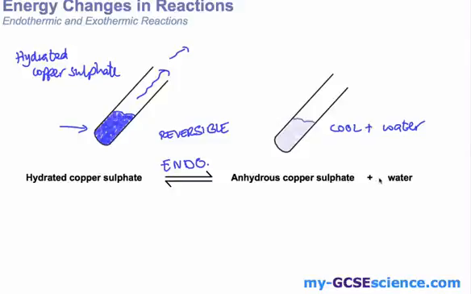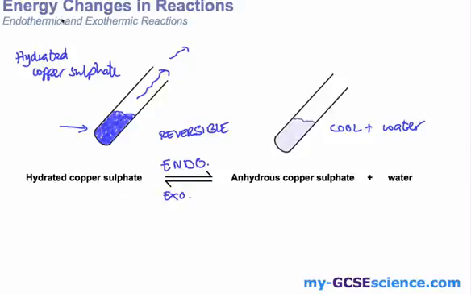The anhydrous copper sulfate reacts with the water and produces hydrated copper sulfate. Now this is an exothermic reaction, and that means that it will give off heat to the surroundings. In actual fact, if you were to put a thermometer in there, or if you were actually to hold it, you would feel that it would get very warm because it was giving out energy to the surroundings. So this is an example of an endothermic and exothermic reaction happening in a reversible reaction.